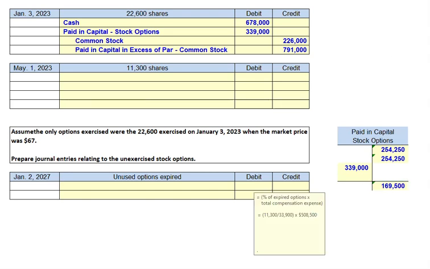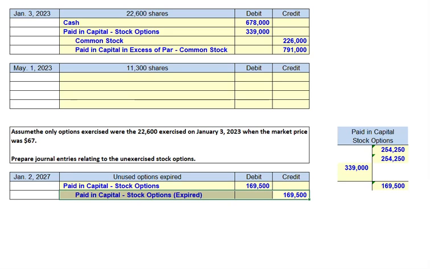So we're going to need to clear that out with a debit to paid-in capital stock options. And again, this is only something accountants would love to do. So we're going to transfer it from one capital account to another capital account, which is paid-in capital stock options expired. And again, we've now cleared out our paid-in capital stock options, and it has a 0 ending balance.